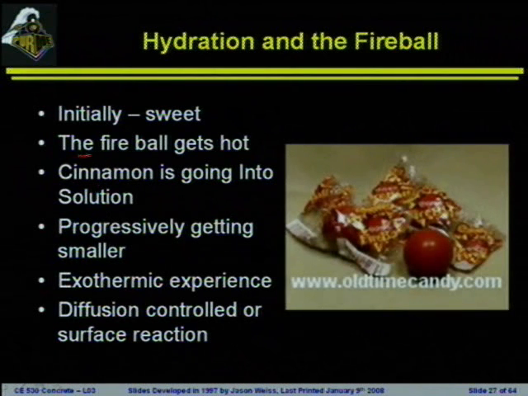After a little bit of time, though, that sweetness is going to go away, and the exothermic reaction is going to begin. The fireball will begin getting warm inside of your mouth. This is the cinnamon going into solution. In the cement case, this is more and more reaction taking place, with heat being liberated by that reaction.